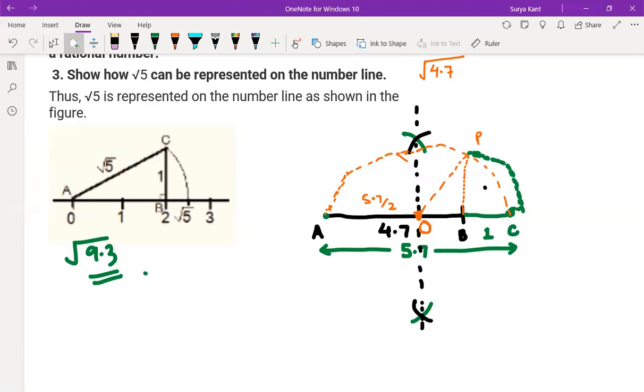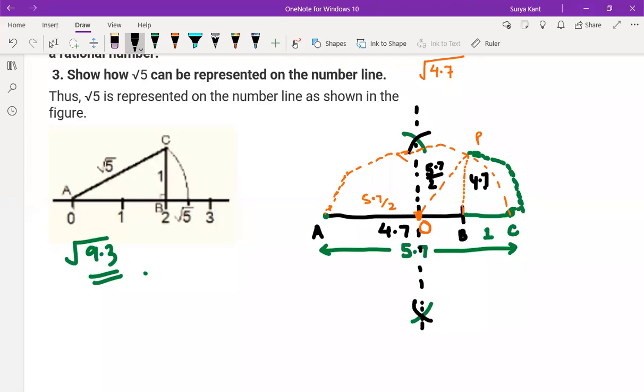See, this is a radius, right? So this radius is 5.7 by 2. Understood? Because this is the radius, 5.7 by 2, this is also 5.7 by 2. So we'll get this perpendicular as root of 4.7. Understood, children?